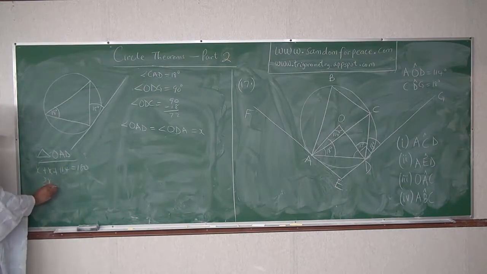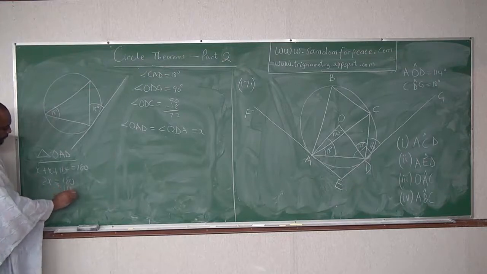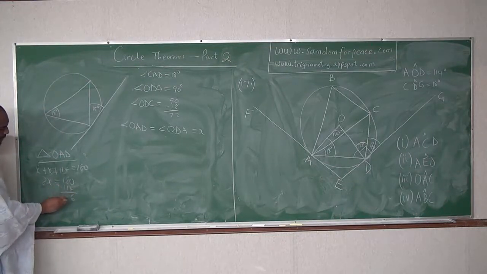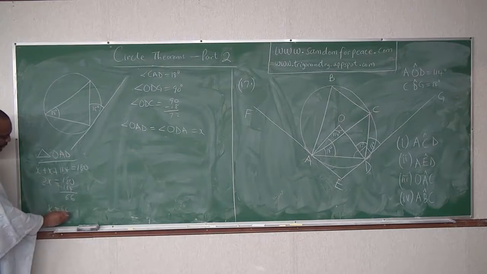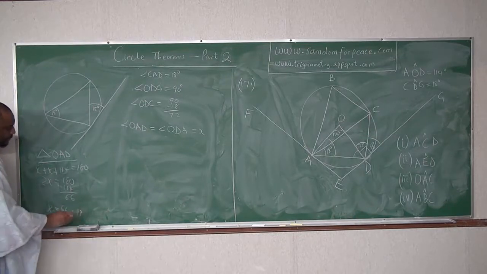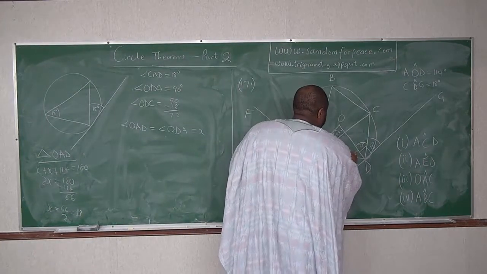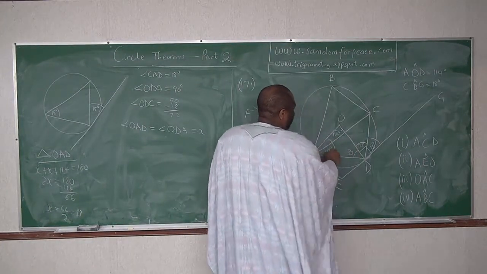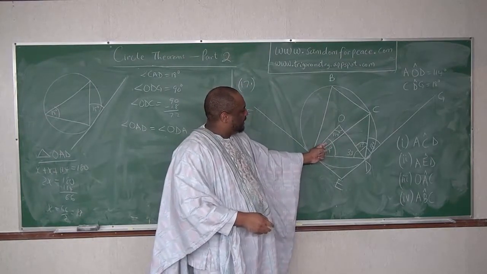So 2x is 180 minus 114, which is 66. So x is 66 divided by 2, which is 33. So this is 33 here. And this whole is 33. When you now do 33 minus 18, you get this small.